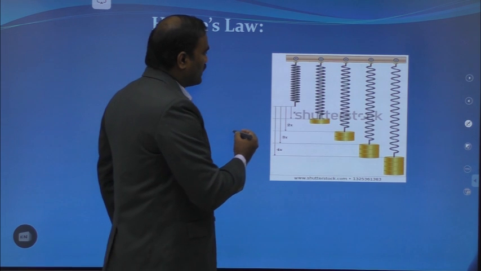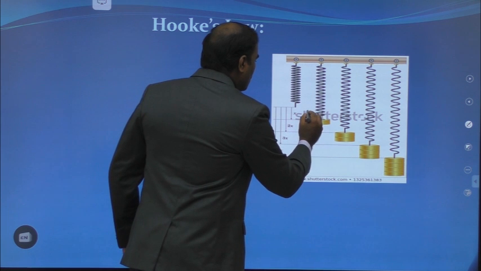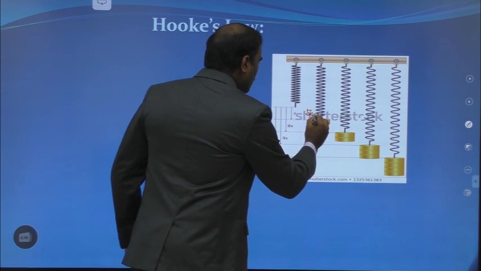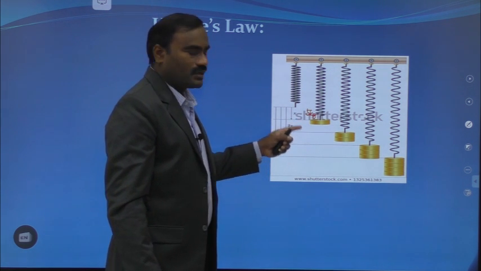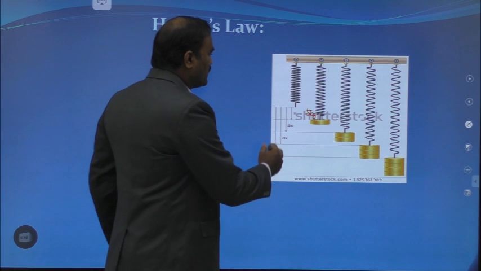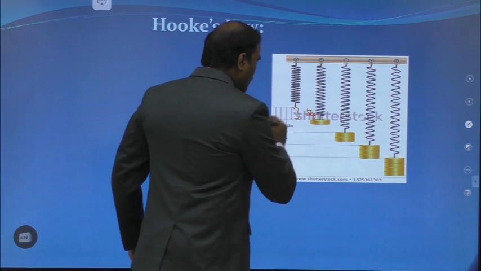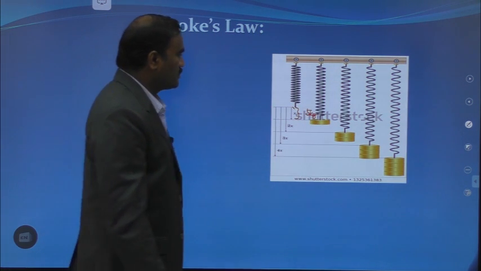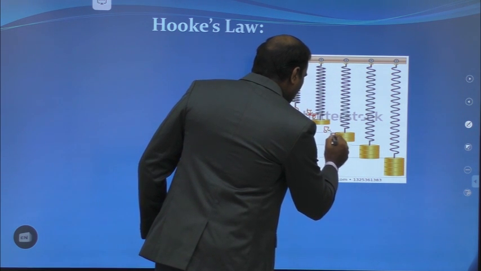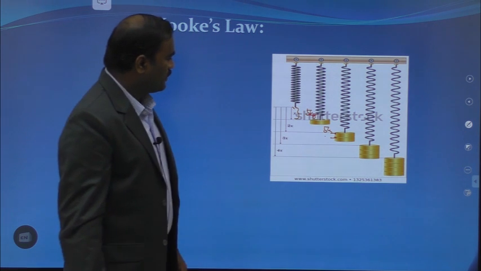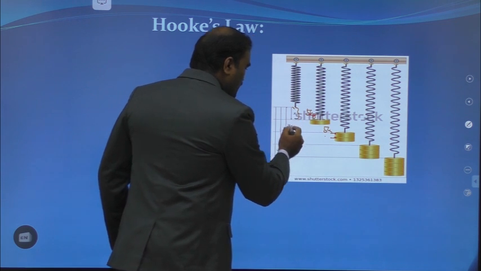Suppose if you see this diagram, we have a spring. When we apply some load, say for example 5 kg, a force mg acts downwards. Because of that, the spring stretches a distance of x. If I apply 10 kg, that is 5 kg plus 5 kg, the elongation of the spring becomes double, so x becomes 2x.